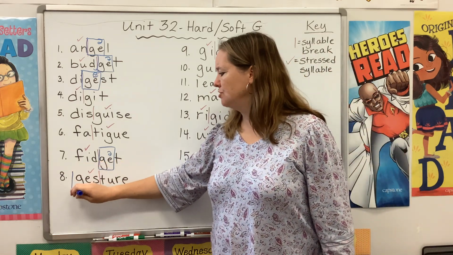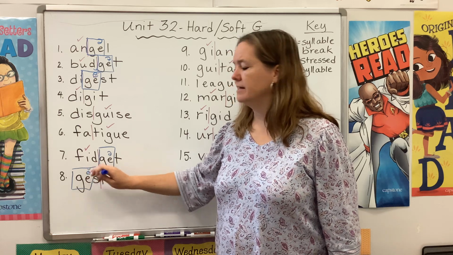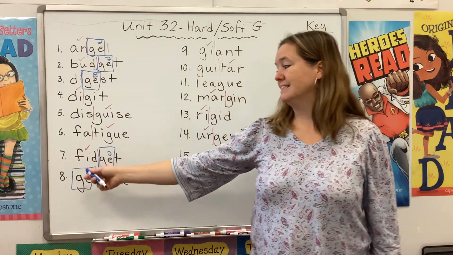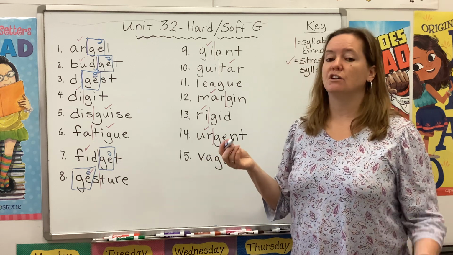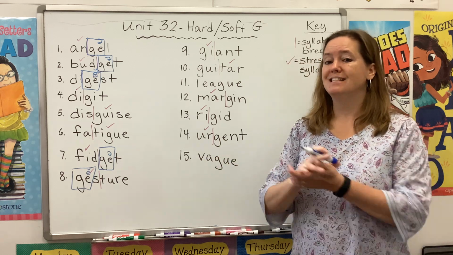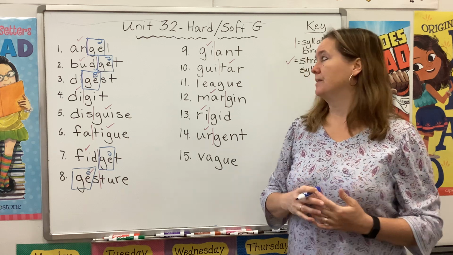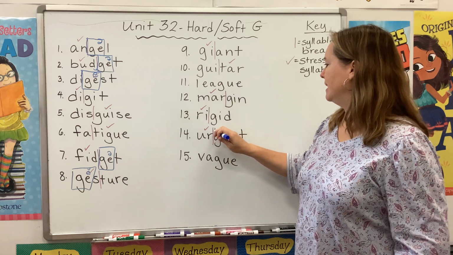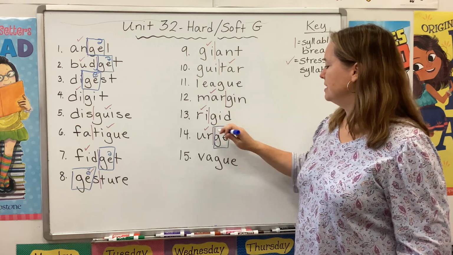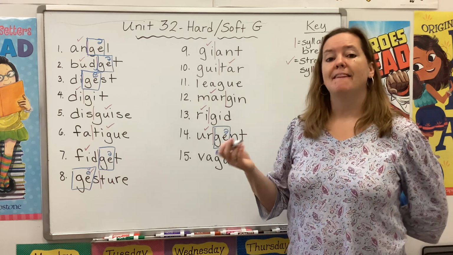But in gesture, it's back to making that short E, because it's in the stressed syllable. Notice these soft G's are showing up in stressed and unstressed syllables, and that is affecting the sound that the E makes. Okay, and then last but not least, in urgent, again in our unstressed syllable, that E is making a schwa sound.